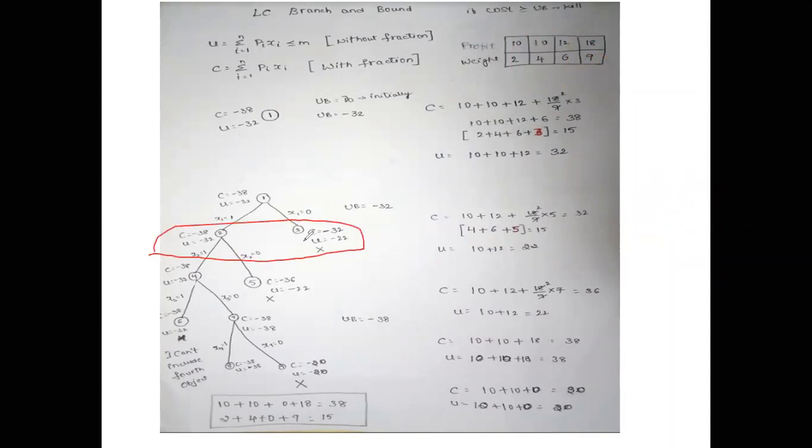Along with this, you should also keep track of a variable called upper bound. So initially, the initial value of the upper bound is infinity. When you start, I mean, when you branch to each and every level, you need to identify the one which is the least upper bound value, least value, because we are dealing with the least cost method, right?